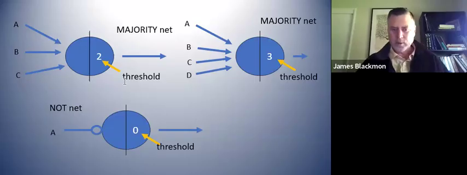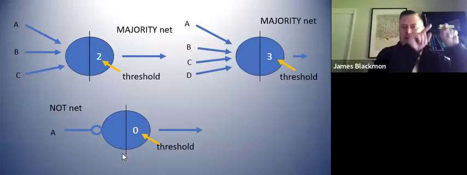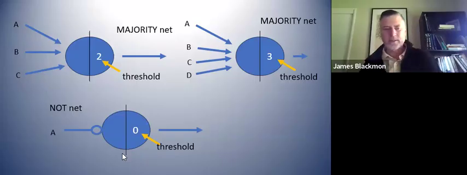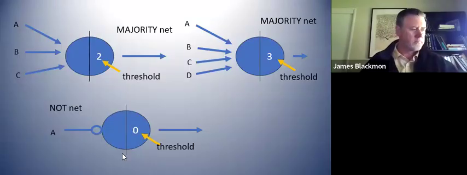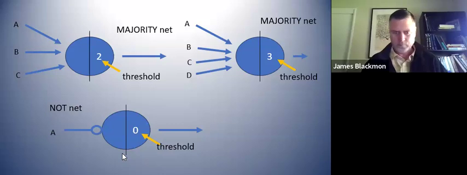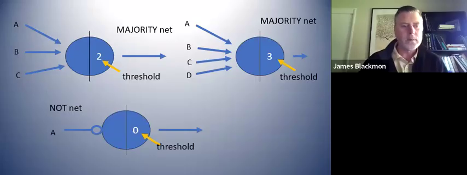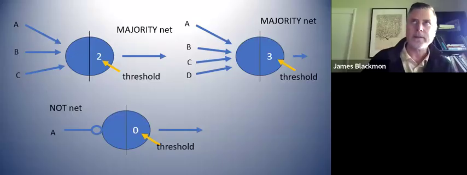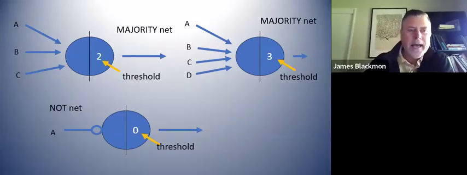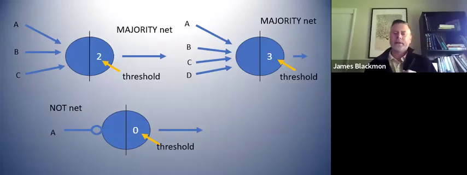Okay. Now, what does this neuron represent? Does someone want to tell me? If A represents Amy is home, what does this neuron represent? It's a not net, so it performs the not operation. In the chat, Amy is not home. That's right, Atavia. Good.